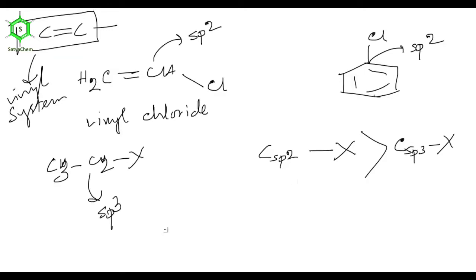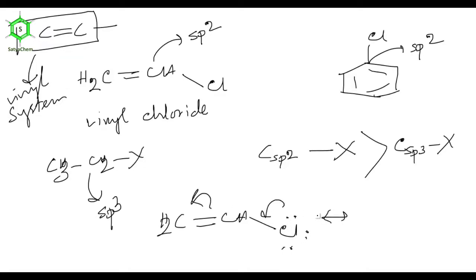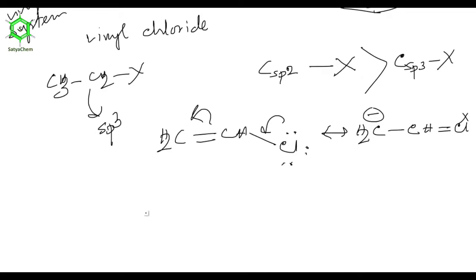Suppose this is vinyl chloride. Just see, the C-X bond gets some double bond character through this resonance. This is true for chlorobenzene also.